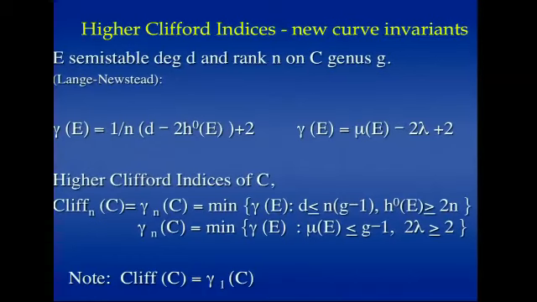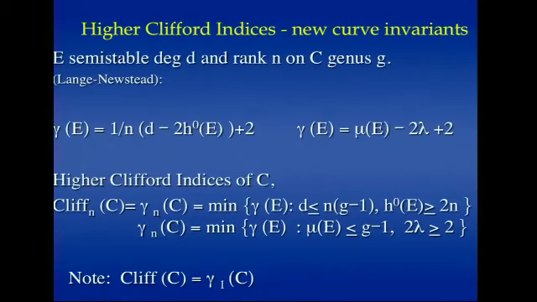Many people try to generalize to a higher Clifford index, and these indices would be new curve invariants. There were a few different ideas, but the one that was finally established quite recently by Peter Newstead and Lange is the following. You see, it takes the rank into consideration.